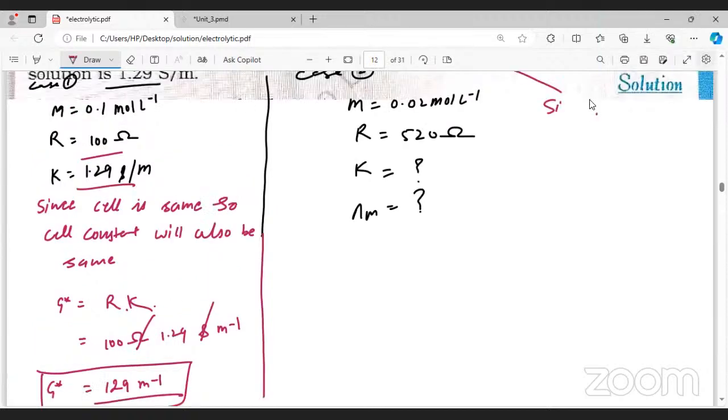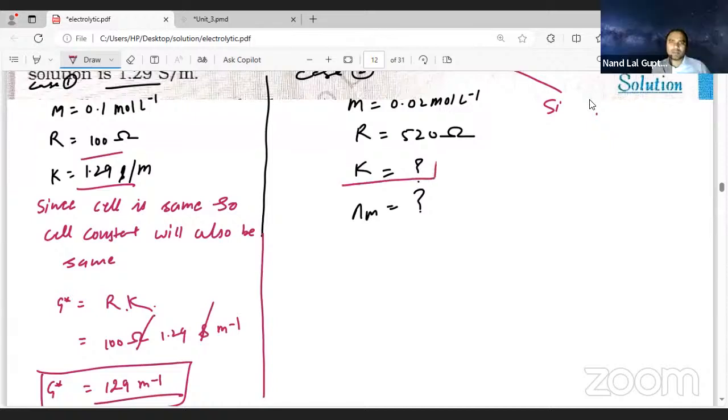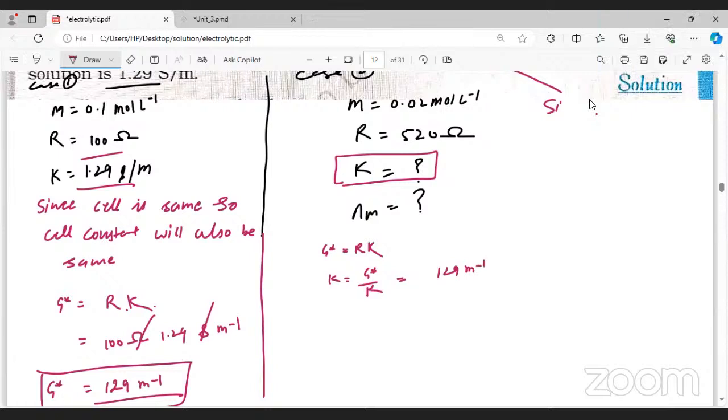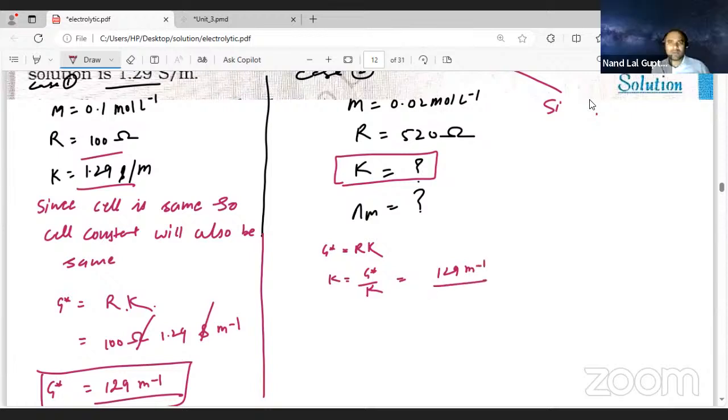Yes, sir. So now here we are calculating the conductivity. K is equal to, using the relation we just did, G star is equal to R K. So K is equal to G star by R. The G star value we got is 129 per meter, and the R value is 520 ohm.